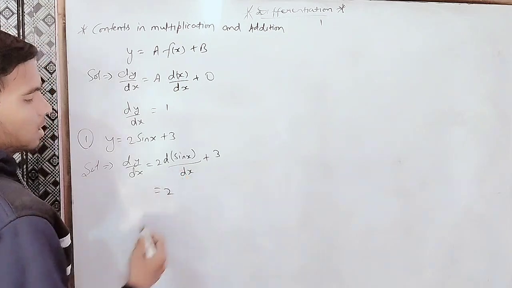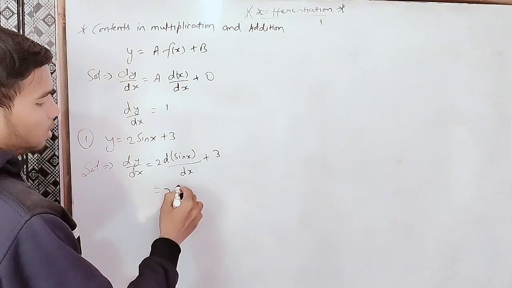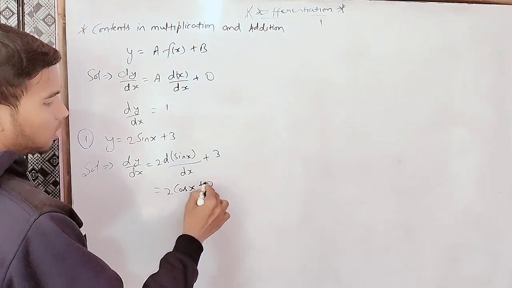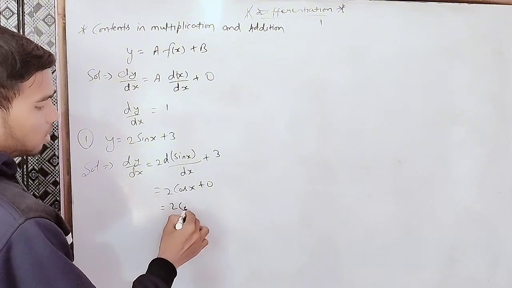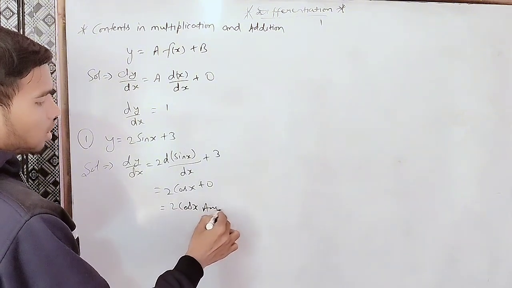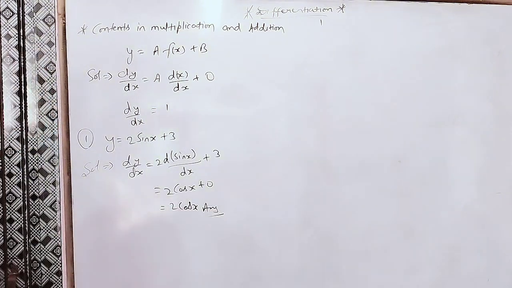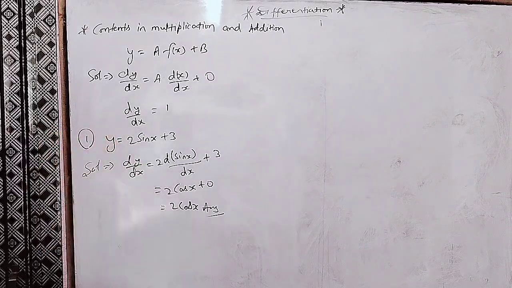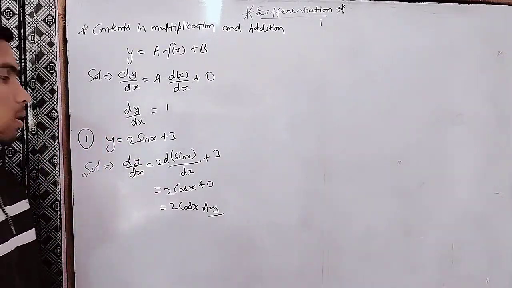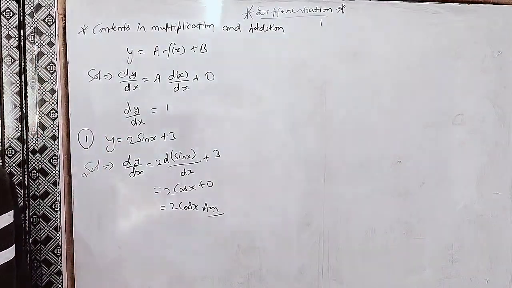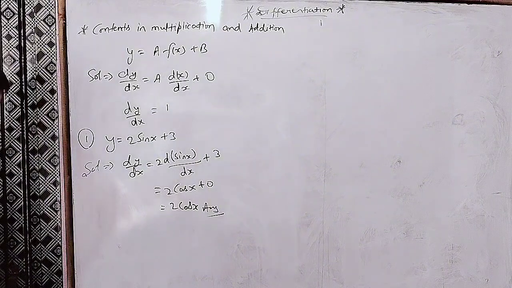So here the differentiation of sin x will be cos x plus 0. That's it. We just had to put in the value of the differentiation of sin x.